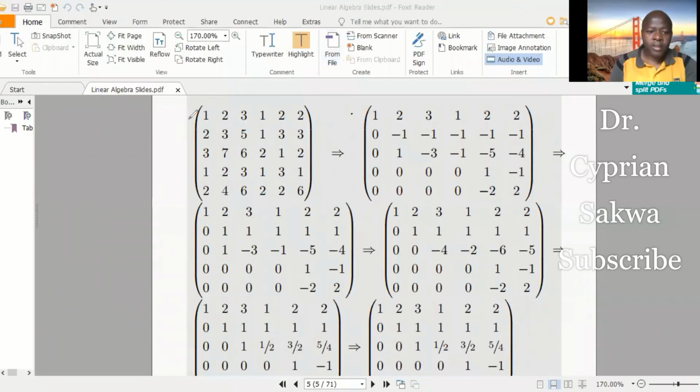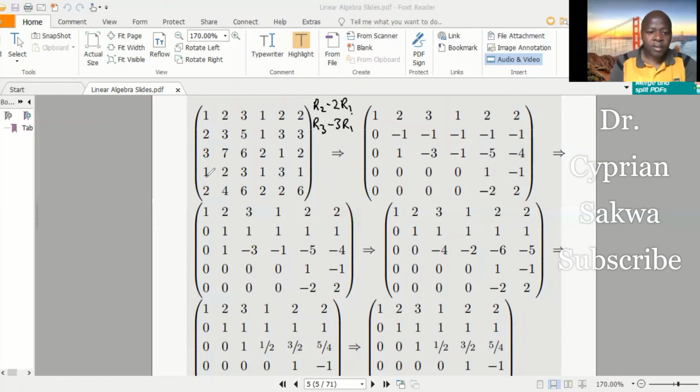So I have this leading element here. I use it to create the zeros below it. So what I did, to get the new row 2, I took the current row 2 minus 2 row 1. Then to get the new row 3, I need a 0 in this position, so I took the current row 3 minus 3 row 1.